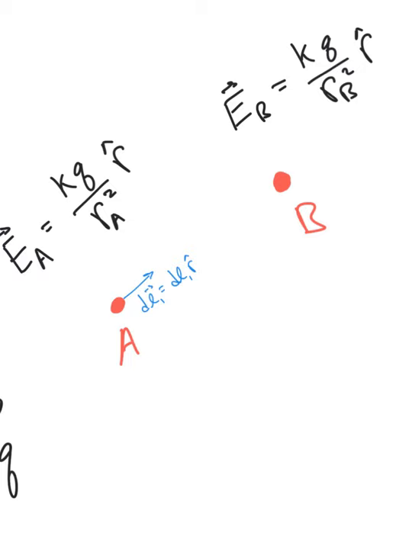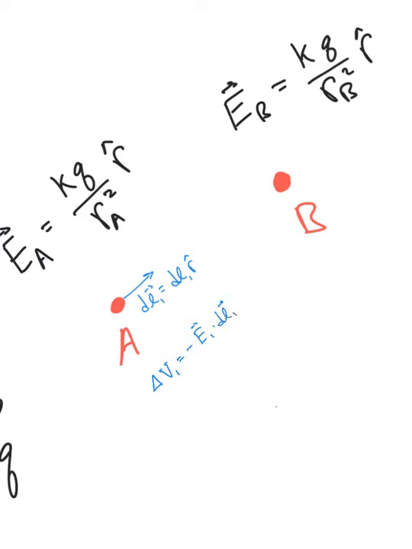Now, we could write our change in potential as we move along this dl vector as delta V sub 1 equals negative E sub 1 dotted with dl sub 1.